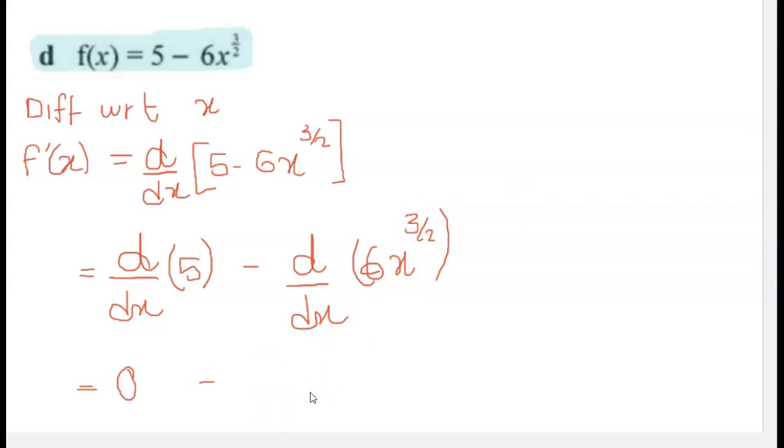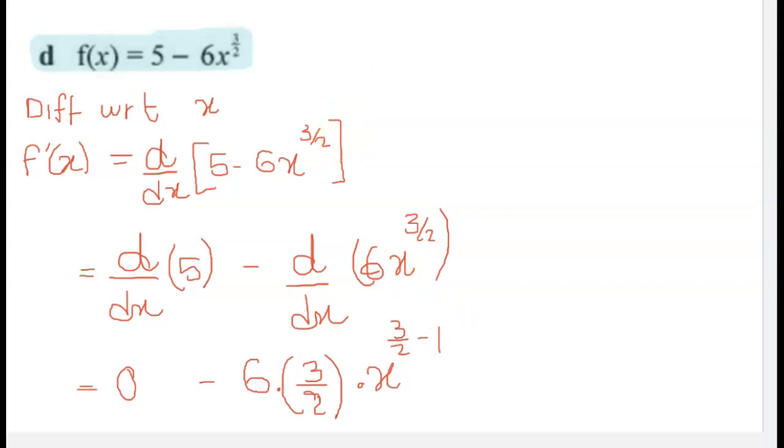Before I take the power, first the constant comes out, which is 6 here. When the constant comes out, now 3 over 2, which is the power, comes out, and reduce the power by 1. 3 over 2 minus 1.